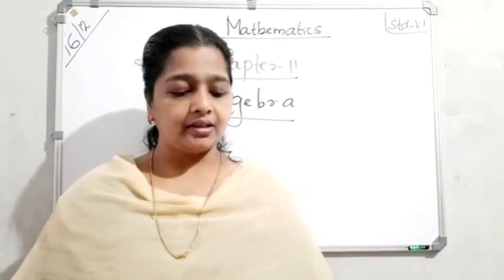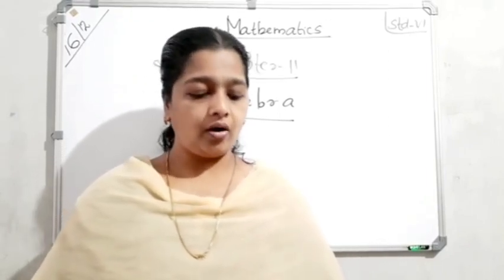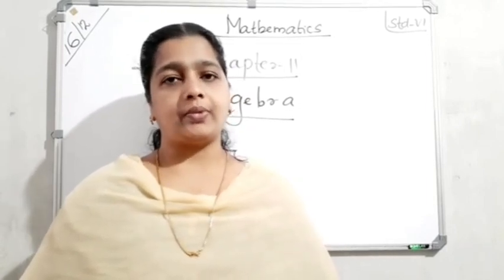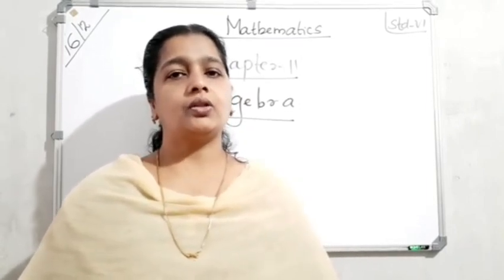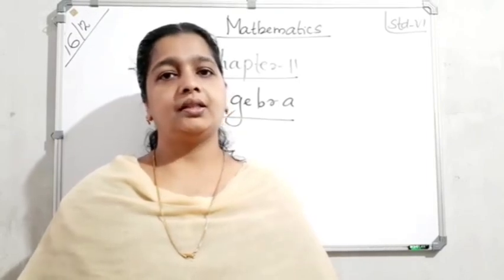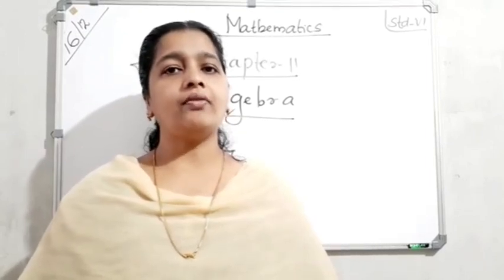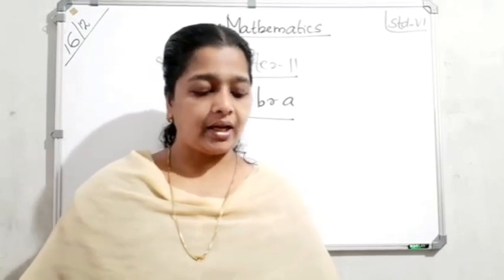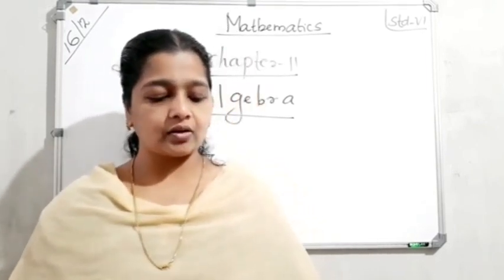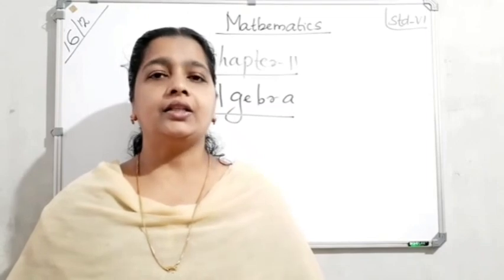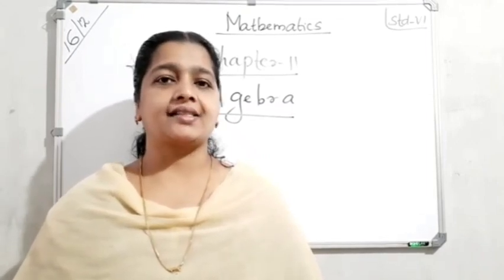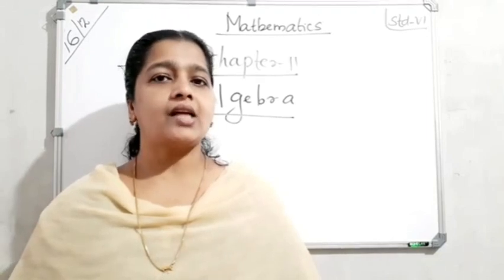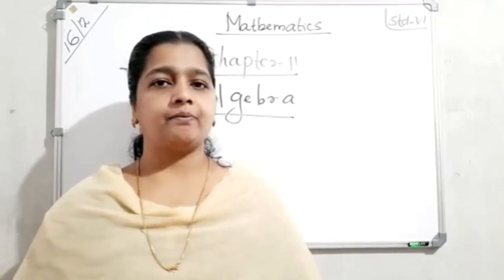And now we begin the study of another branch of mathematics, called algebra. Clear? So this is your new topic. The main feature of the new branch which we are going to study is the use of letters, from the English alphabet.